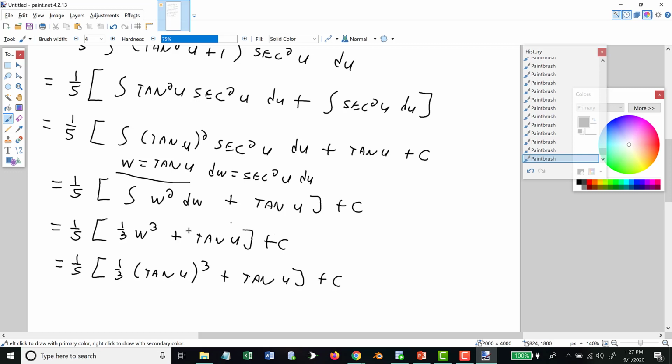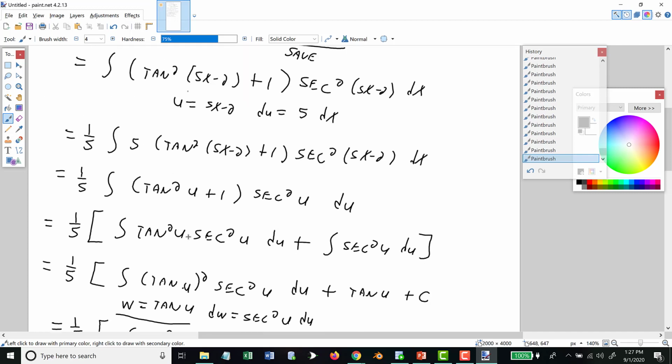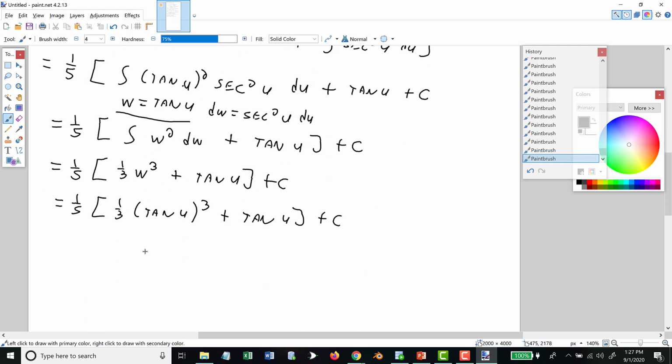Now let's scoot back up and see what in the world u is equal to. U is equal to 5x minus 2. So I'm going to plug in that 5x minus 2 everywhere I see a u. So I got 1/5, 1/3, tangent of 5x minus 2, sure, I put that in the right place, plus tangent of 5x minus 2 plus c.